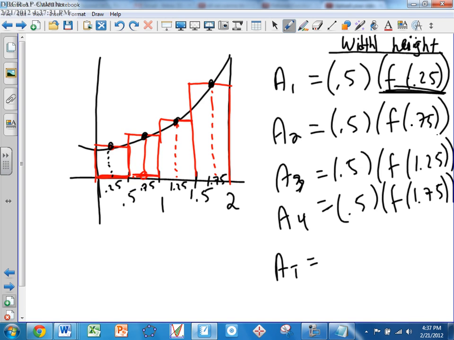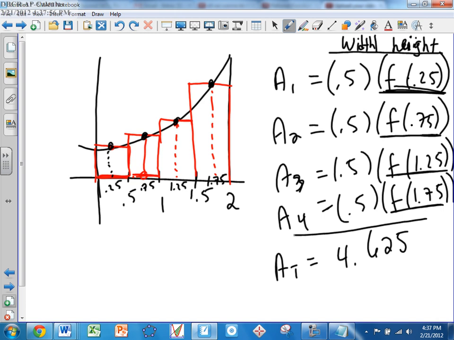This turns out to be 1.5625. This turns out to be 2.5625. And the last one will turn out to be 4.0625. Knowing those numbers and multiplying through, you end up getting an area of 4.625.